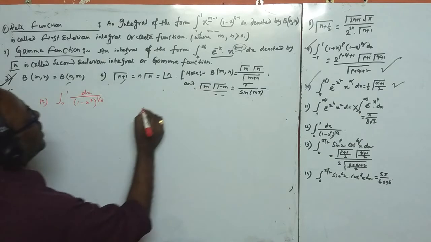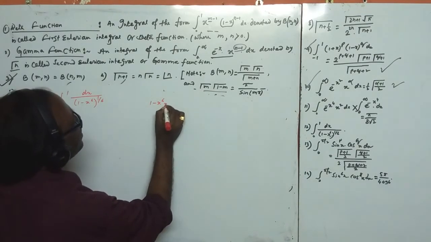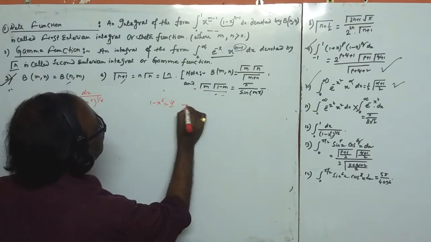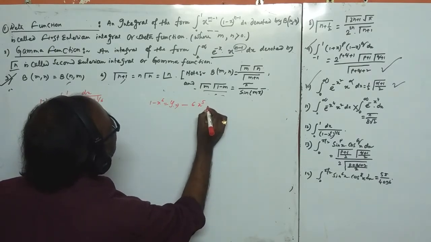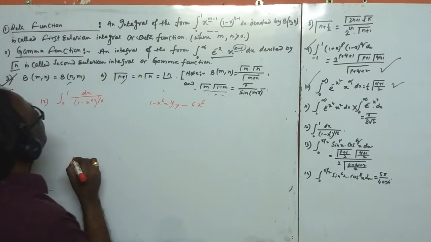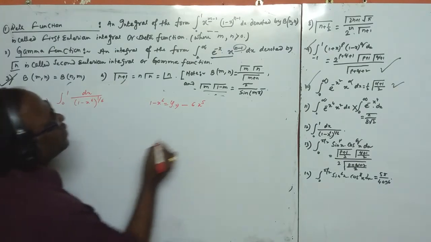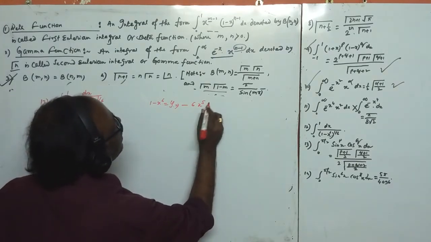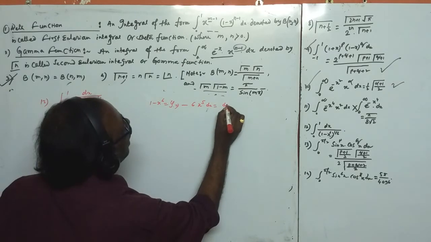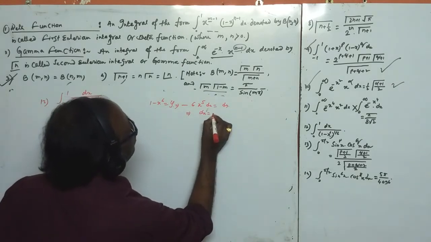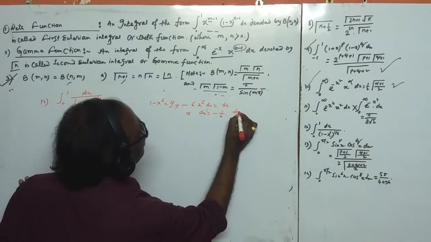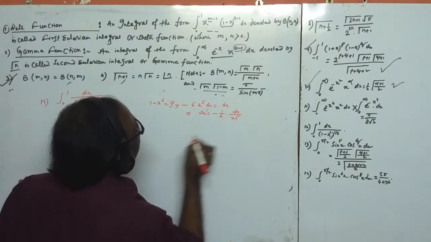So let us assume 1 minus x to the power 6 is y. Differentiate: 6 into x to the power 5 dx is dy. So now dx is equal to minus 1 by 6 dy by x to the power 5.